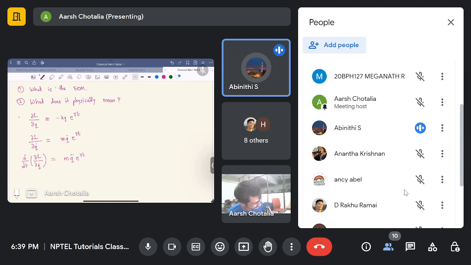Minus or plus? Okay, maybe plus. Plus gamma mq dot e to the power gamma t, right?